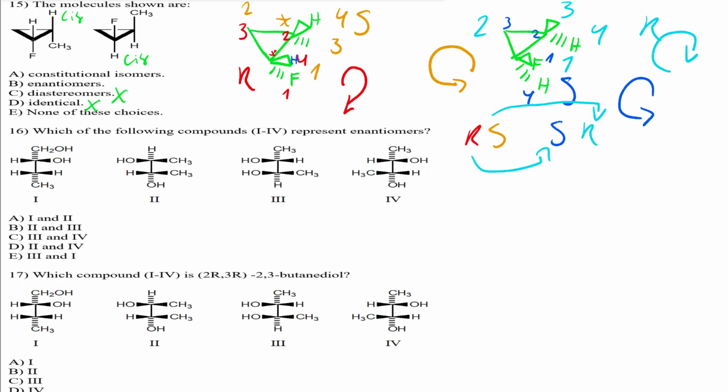Because they have a fluorine and a methyl. To have a plane of symmetry, you have to have the same substituents, right? So fluorine is different from a methyl group, so it's not symmetrical. Same thing for this guy. So it's not meso, so it has to be an enantiomer. So it's going to be B.